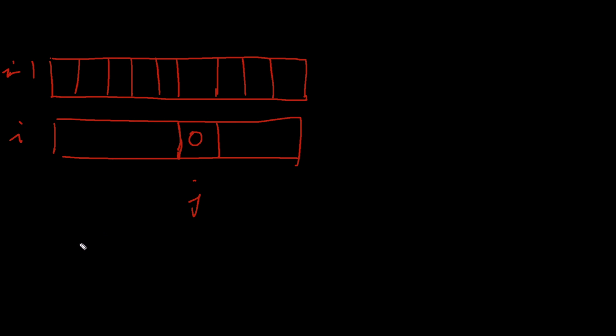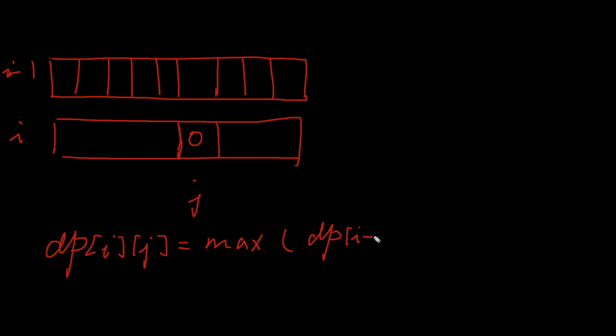So DP[i][j] equals the maximum of DP[i minus 1][k], and here we have to subtract the absolute difference between k and j.